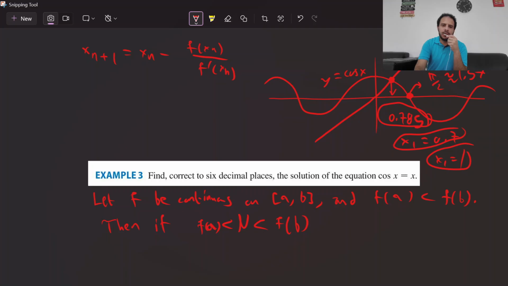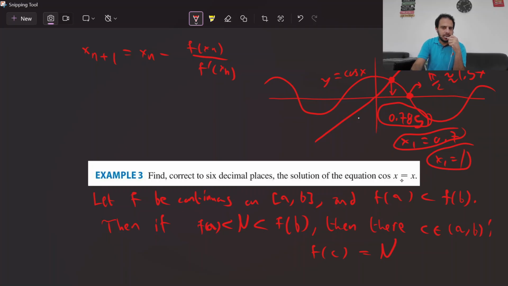So here f(a), here f(b). Then there is c in the open interval (a, b) such that f(c) equals N, right?